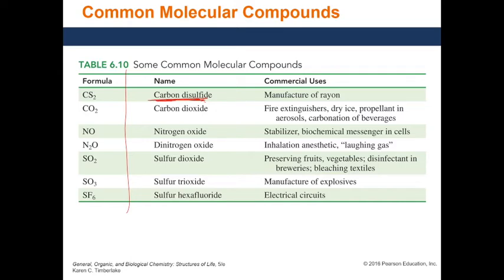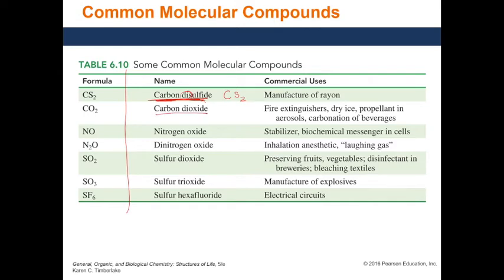To write the formula, you write the first element, carbon, first. Then it is disulfide, meaning we have two sulfur atoms, so whatever the prefix is becomes your subscript in the molecular formula. So the molecular formula here would be CS2.